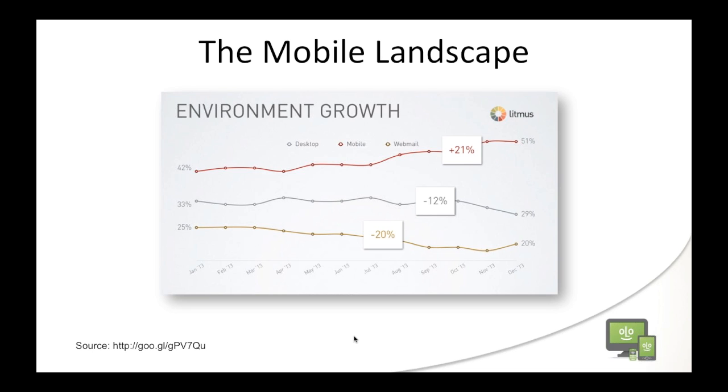In 2013, you can see opens globally in mobile email went from 42% of all to 51% of all. So by the end of last year, literally half plus of every email being opened was being opened on a mobile device. It is clear the way things are trending now.